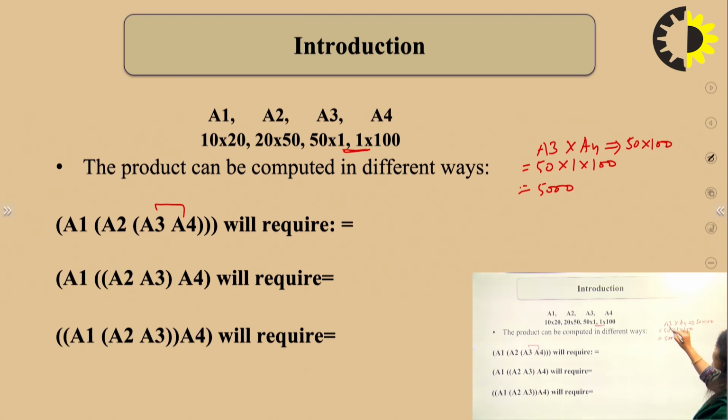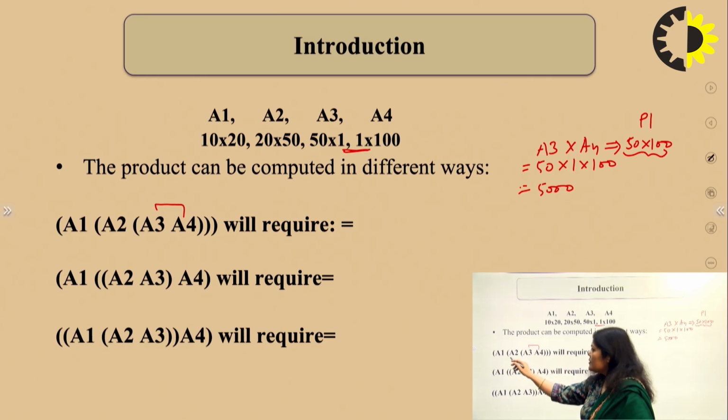When I multiply A3 with A4, the product is named P1. This P1 matrix, the result of this multiplication, has the dimension 50 cross 100.